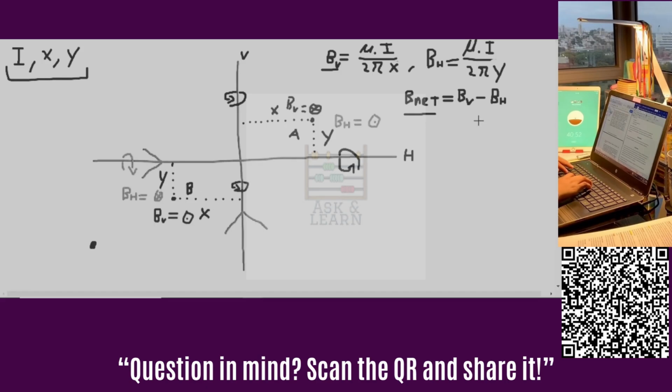So you can do the same setup here and end up with a negative number. That's fine. You just want the magnitude of that number, so it doesn't matter if it's negative. Or you can reverse it and do BH minus BV to get a positive number.